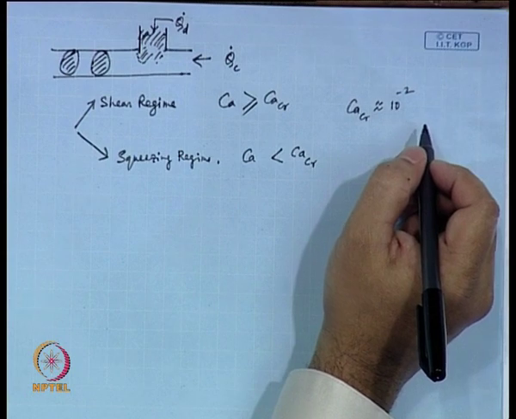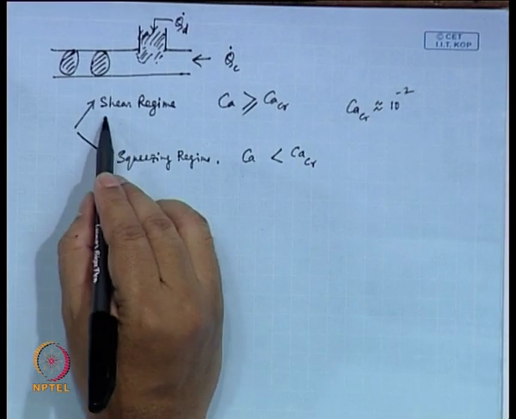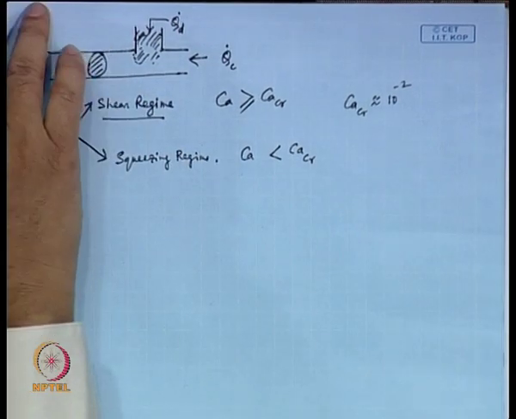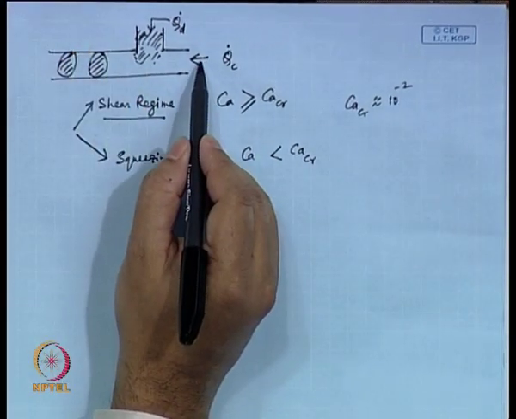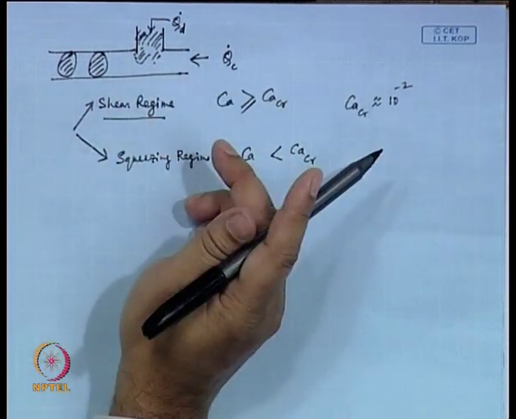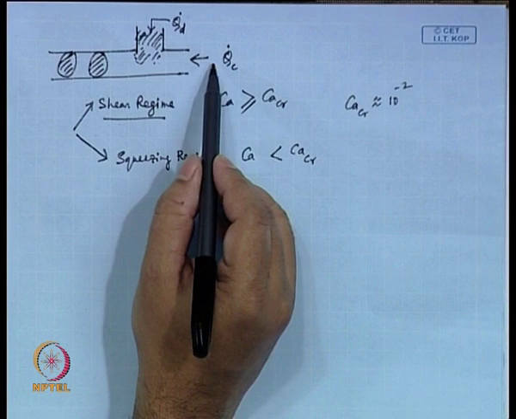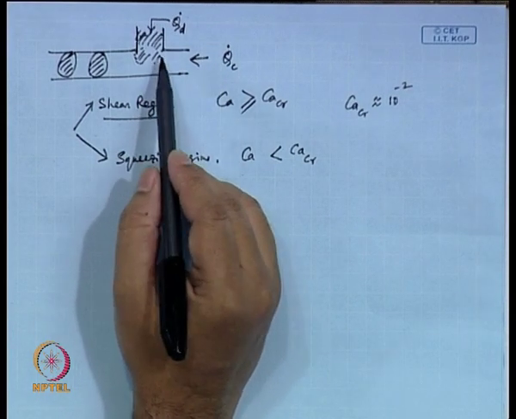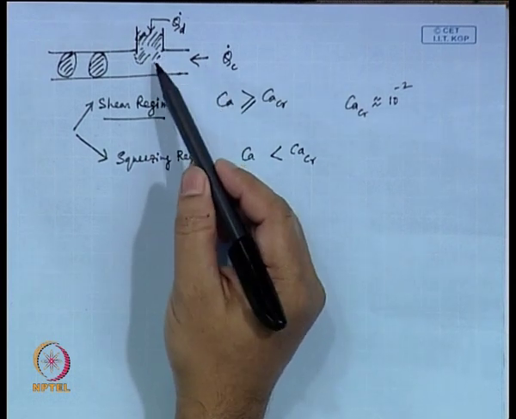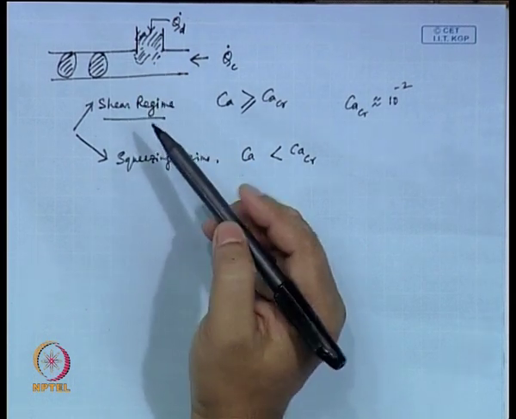What is the difference between this shear regime and squeezing regime? Let us first talk about the shear regime, which is easy to understand. The process works like this. You have a flow of carrier fluid, and there are two phases, differentiated as C and D, carrier and droplet phase. So, this carrier fluid imposes some drag on the droplet phase.